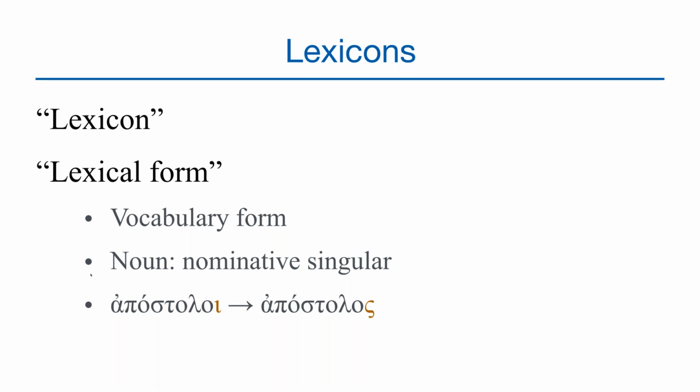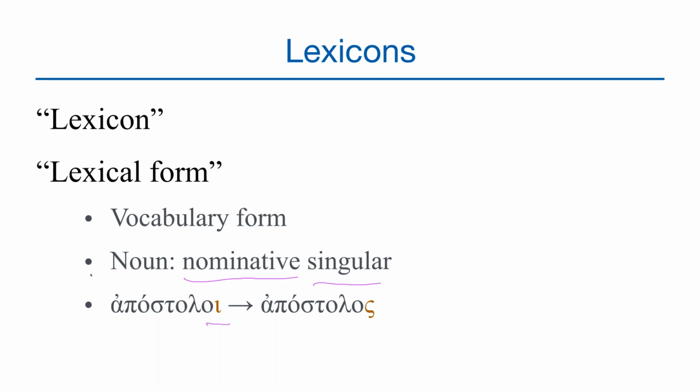It's the form that you would look up in BDAG or pick your favorite. So the vocabulary form, as it puts here, if it's a noun, it's always the nominative and the singular, okay? So you're going to see this chart here in a minute. It's always going to be the one on the top. That's going to be the form. The form we memorize will be the form that you could look up if you wanted to look it up. We're also going to learn how to work backward, okay?